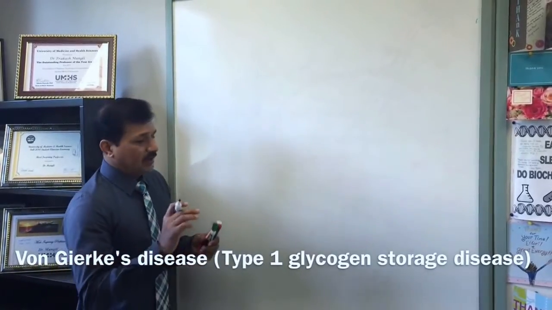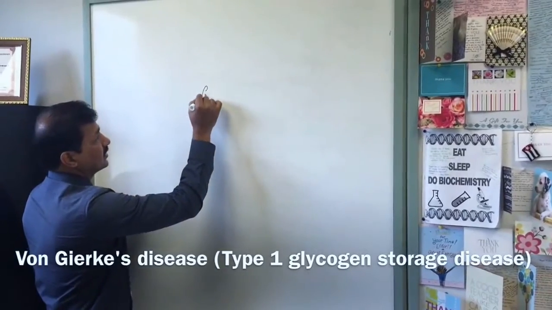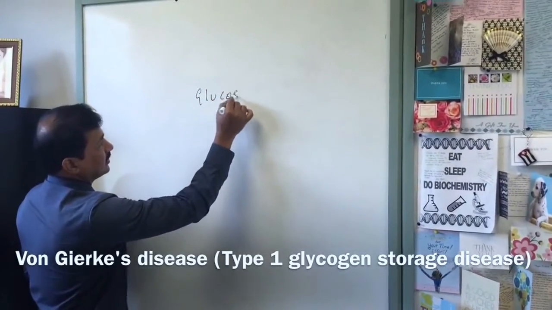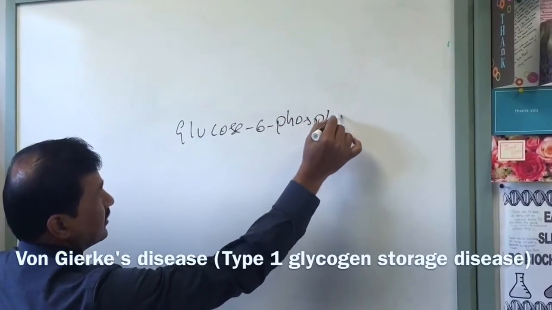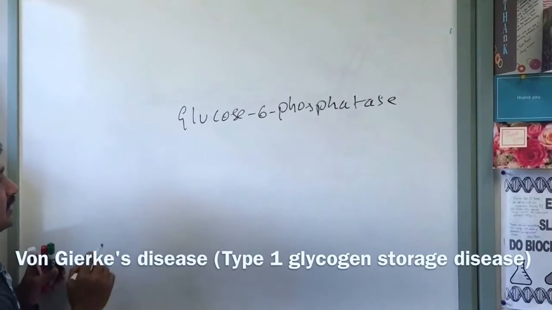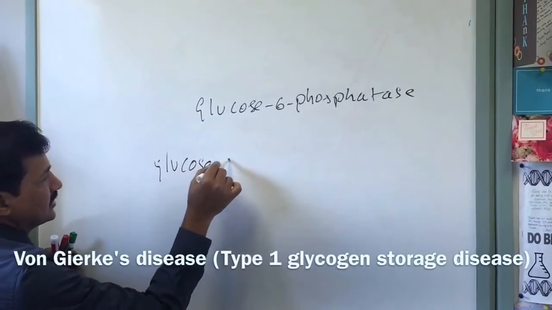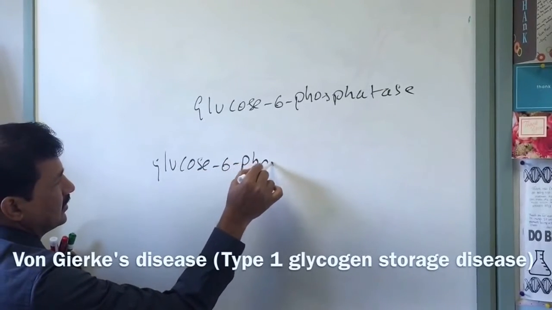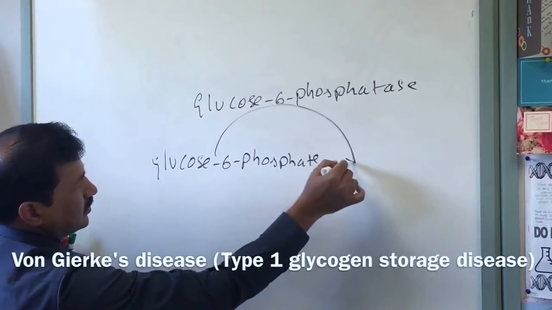So type 1A, as I said, is because of deficiency of glucose 6-phosphatase. What this enzyme does is convert glucose 6-phosphate into glucose.